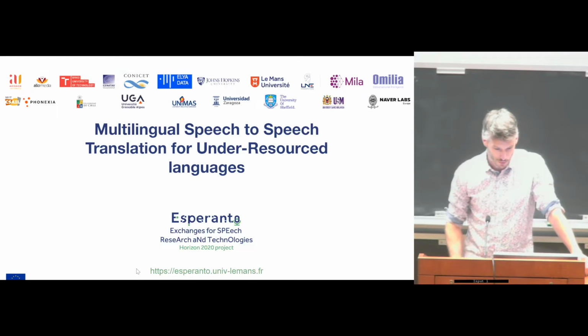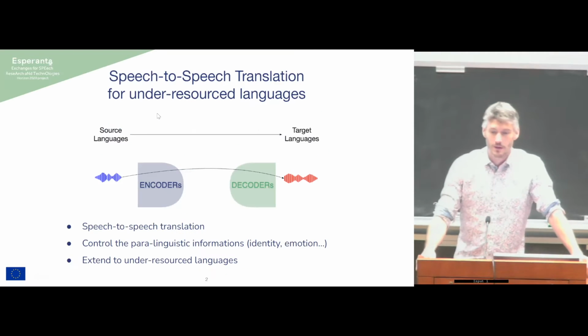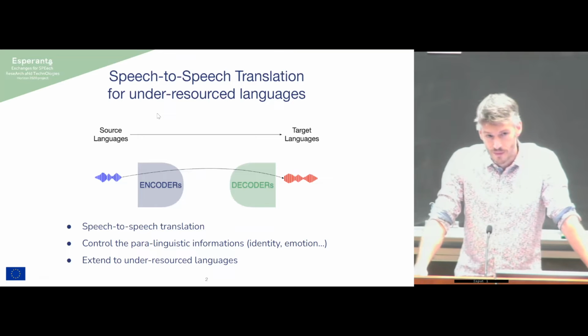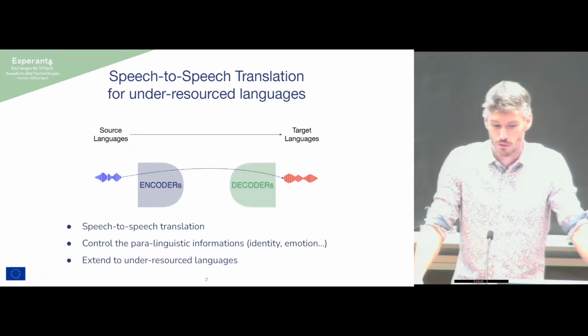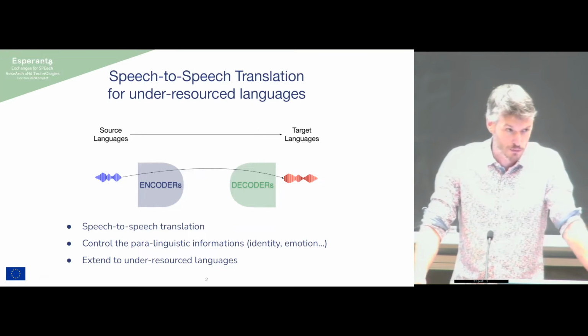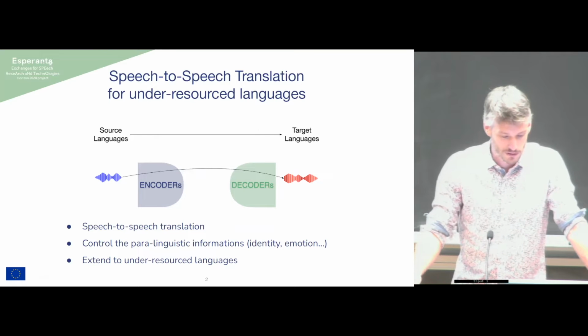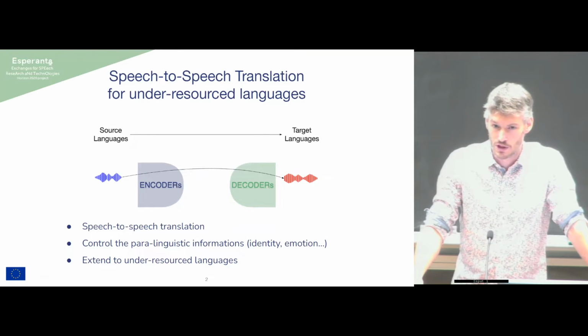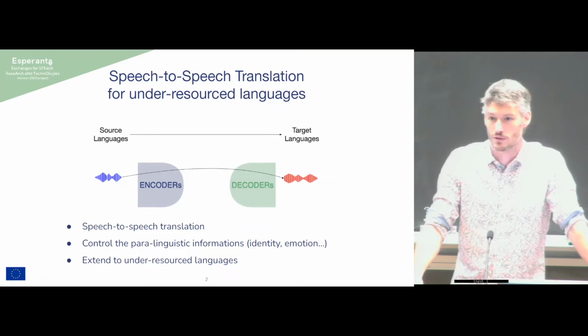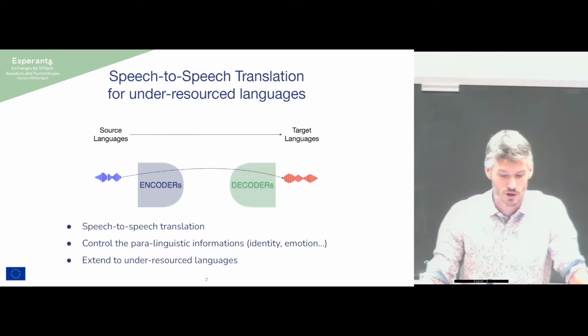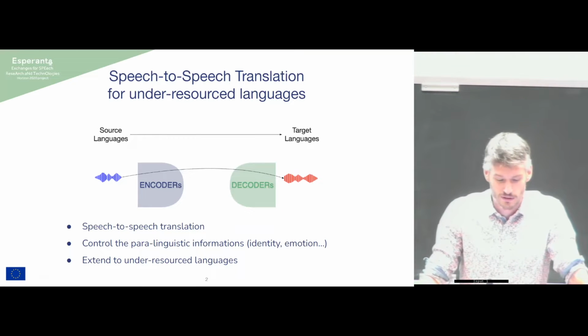So this afternoon, we are going to talk about speech-to-speech translation, and especially focusing on under-resourced languages. The task of speech-to-speech is quite easy to describe. You speak in one language, and then the system is supposed to translate your speech in another language while producing an acoustic signal.